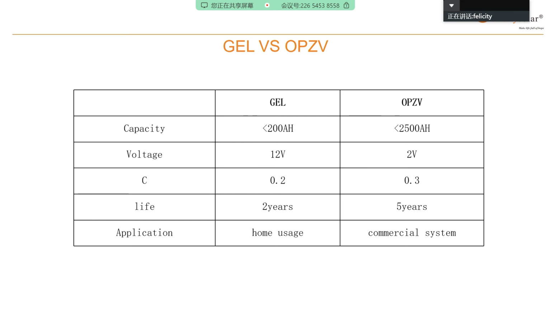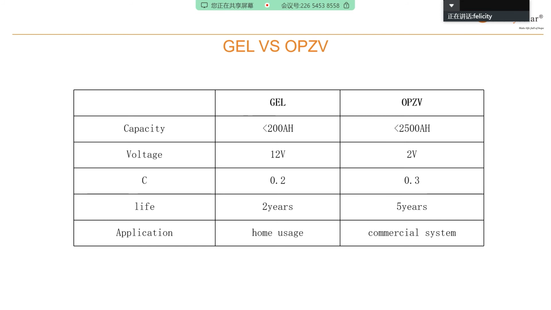Here I made a form to simply compare the difference between GL and OPCV. For the GL, the capacity is normally 200 amps or less, like 40, 60, 100, 150 or 200 amps.